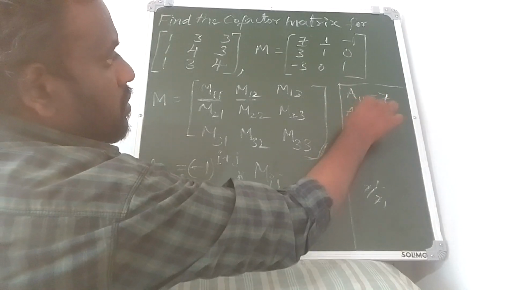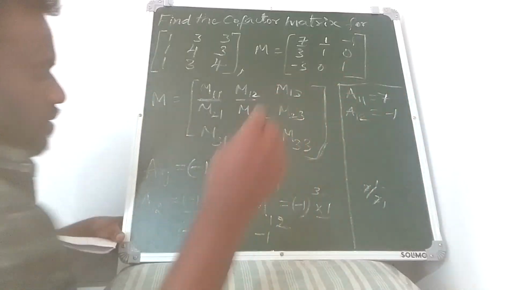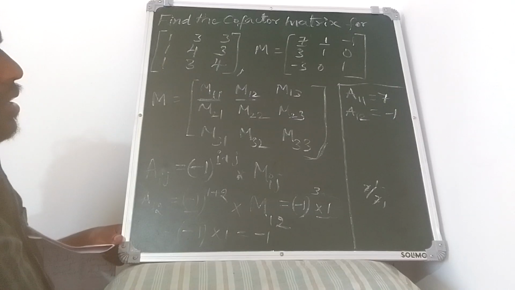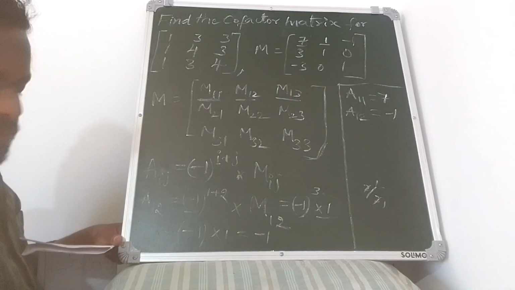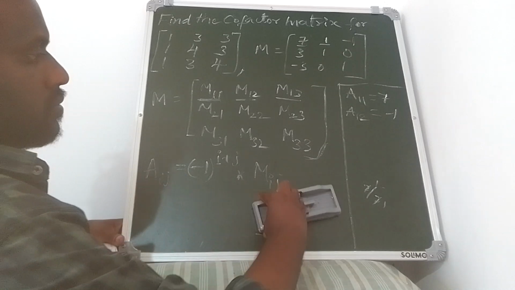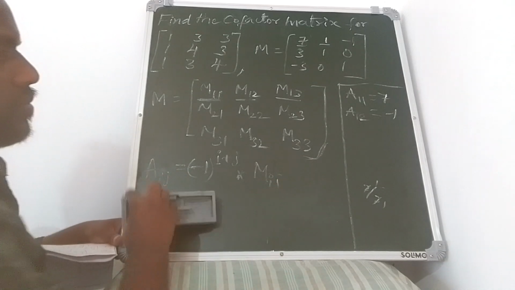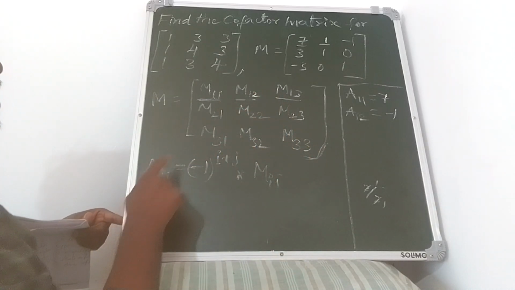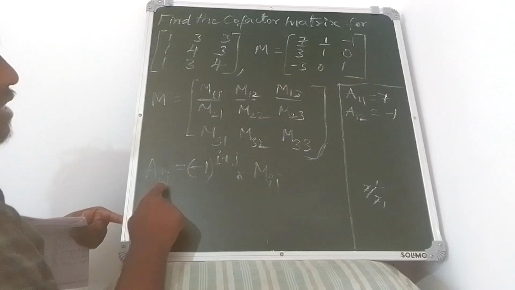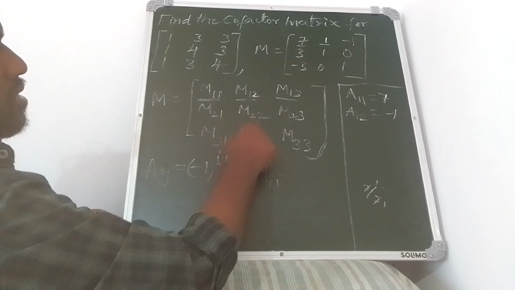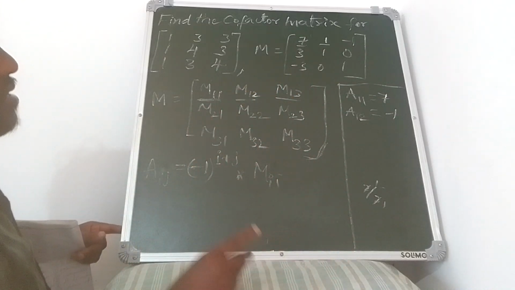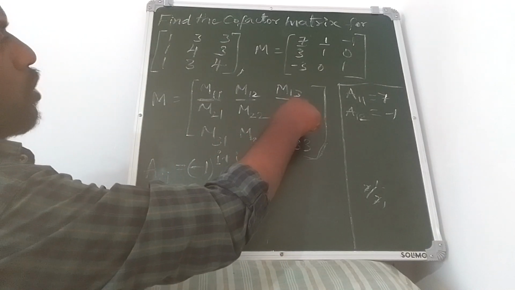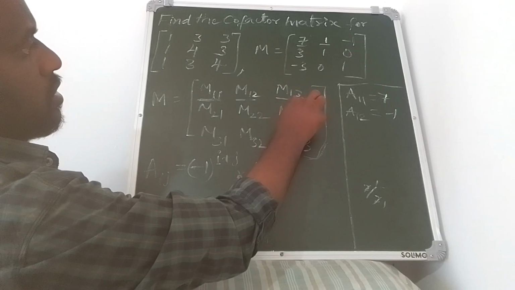I will write here. Okay. Next I will take this one. The same process we have to follow, like how we found the cofactor Aij value for this and this, the same thing for everything. We will continue the same process for finding cofactors. I am taking this M13, that means 13 means i is equal to 1, j is equal to 3.